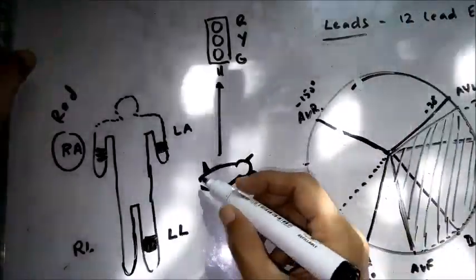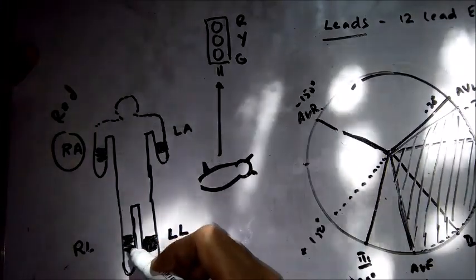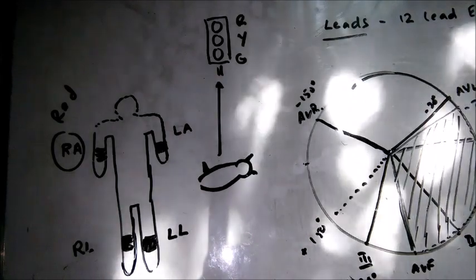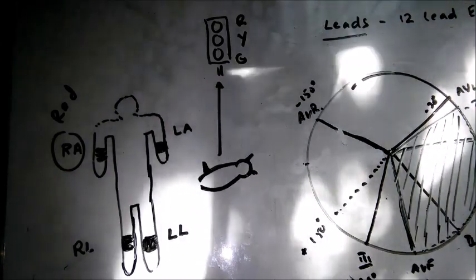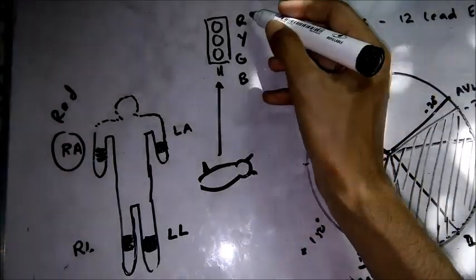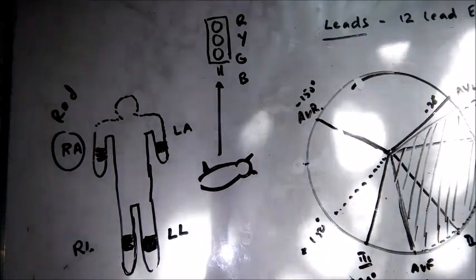And then there is another clamp which is black in color, so the black clamp gets attached to the right leg. The other thing you need to remember is that in different hospitals, perhaps the coloring scheme might not be like this. It might not be red, yellow, green, black, and even the clamps might be different.